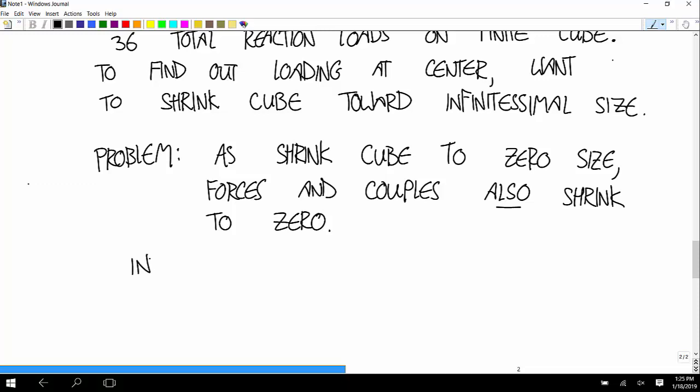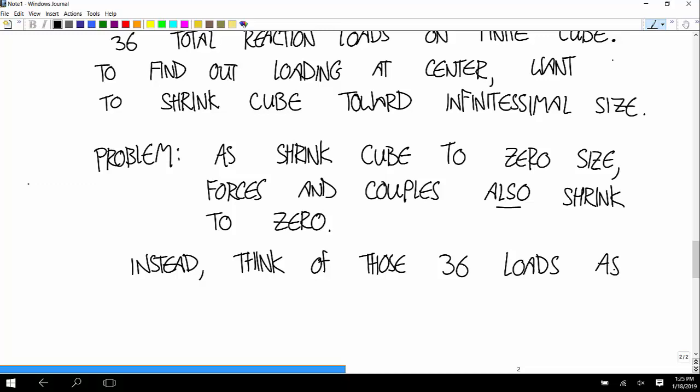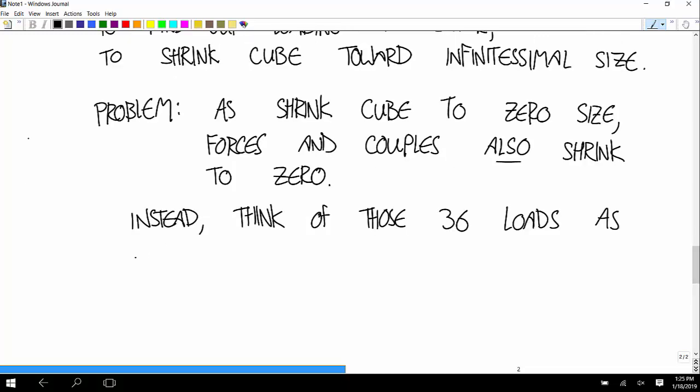So instead, think of those 36 loads as force per area of the face, and couple per area.